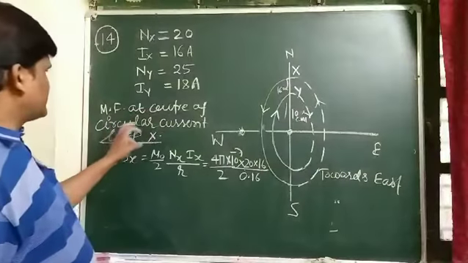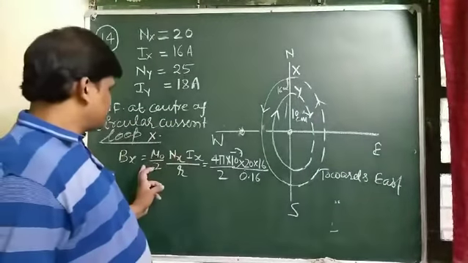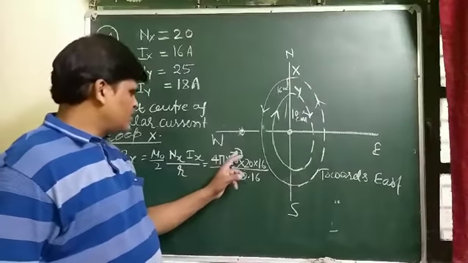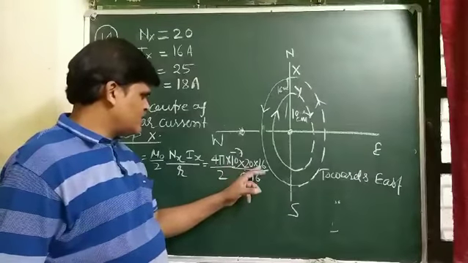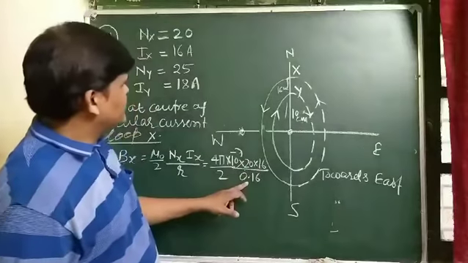So the magnetic field at the center of circular current loop X is 4 pi into 10 to the power minus 7 by 2 into 20 into 16 by 0.16.